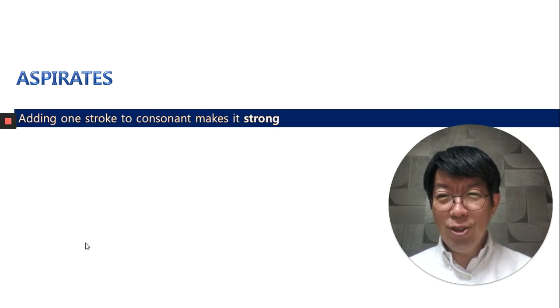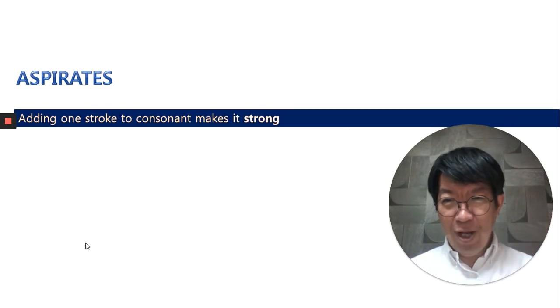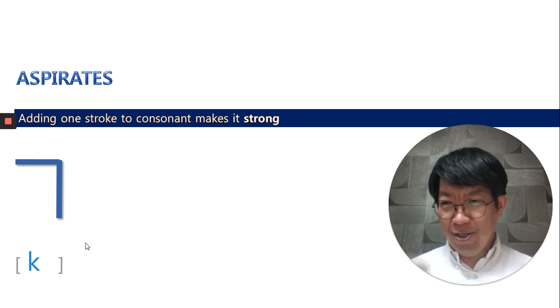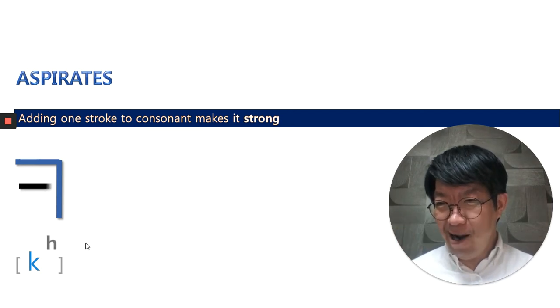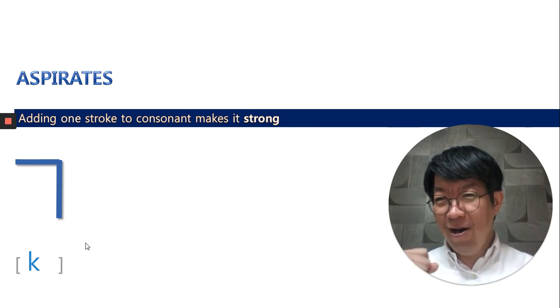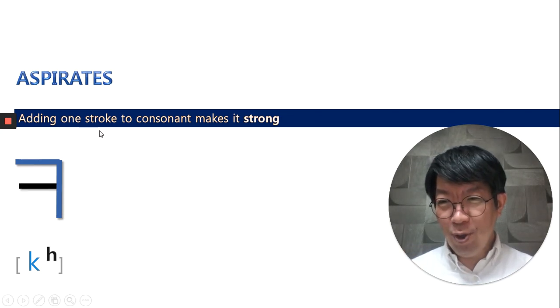So adding one more stroke to a consonant makes it strong. This is g, the weak consonant. The stronger consonant, ka, as you see. So when you put one more stroke, that is like h.